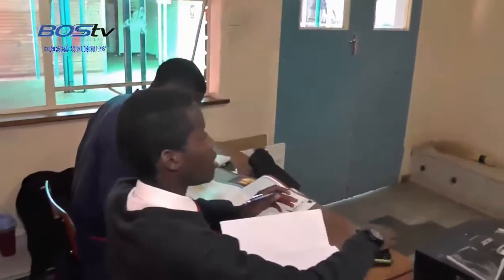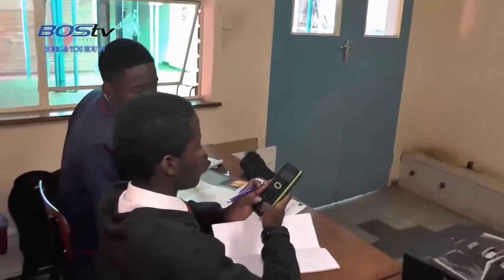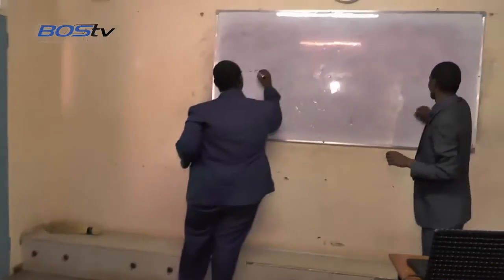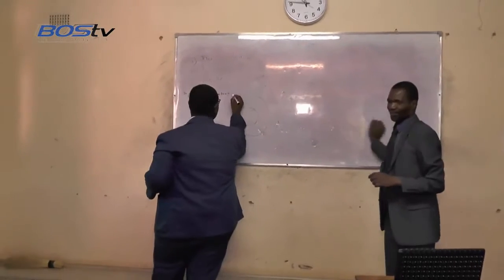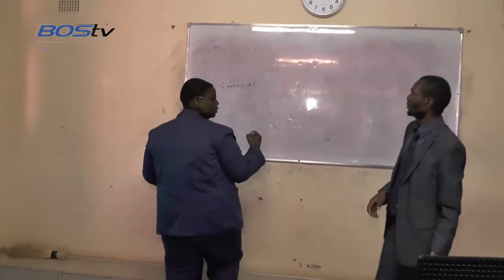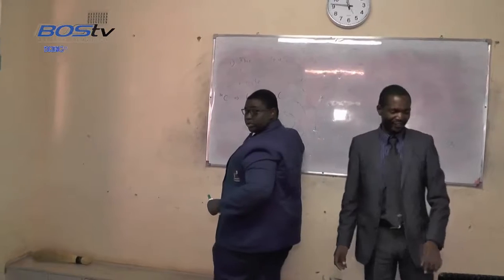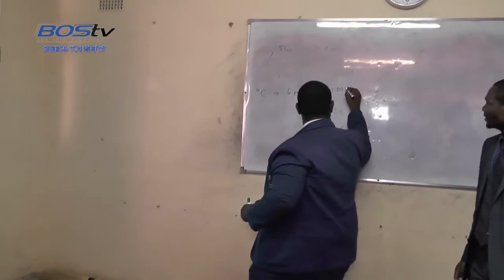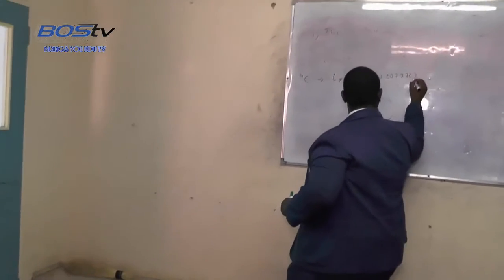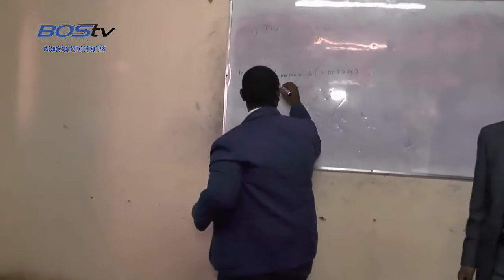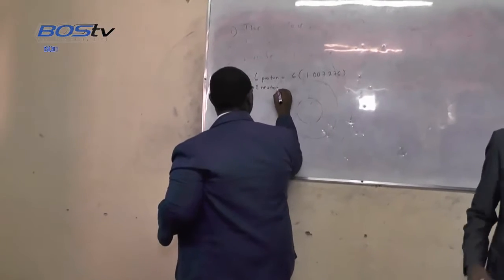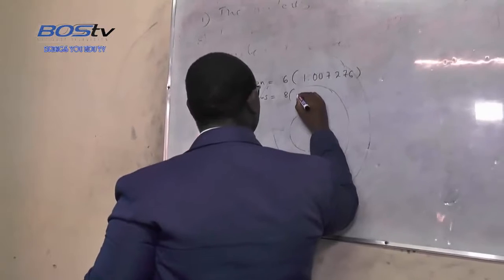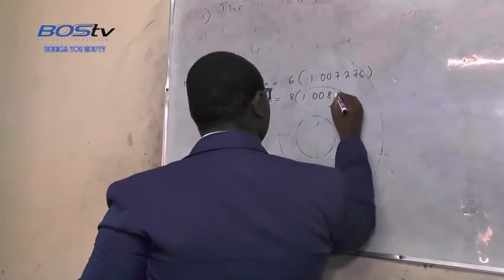Carbon is in group 6, so it has got 6 protons. So it must have 8 neutrons. Did you get it? Good. What's the rest mass of the proton? 1.00727. And then 8 neutrons. And the rest mass of the neutrons? 1.008665.